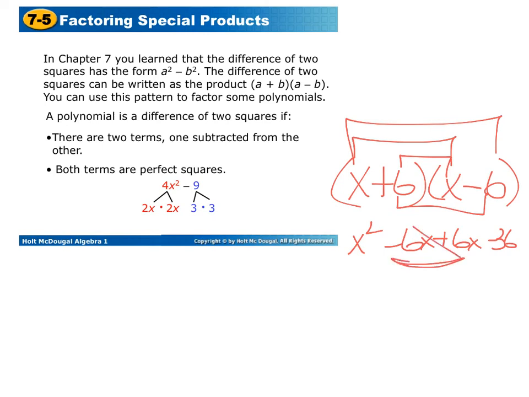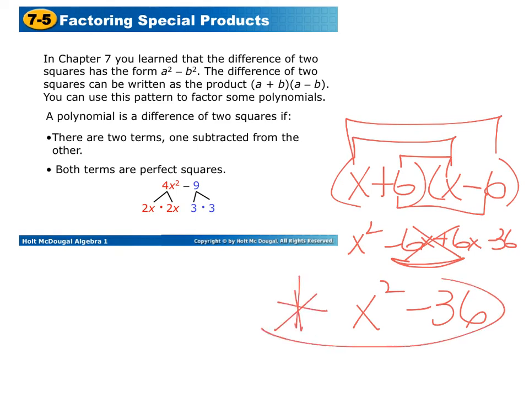These cancel out, and my answer is the difference, a subtraction sign, of two perfect squares. So when your problem looks like a binomial, you should immediately check to see if the first number and the second number are perfect squares. If they are, just square root it and turn it into two binomials with opposite signs.